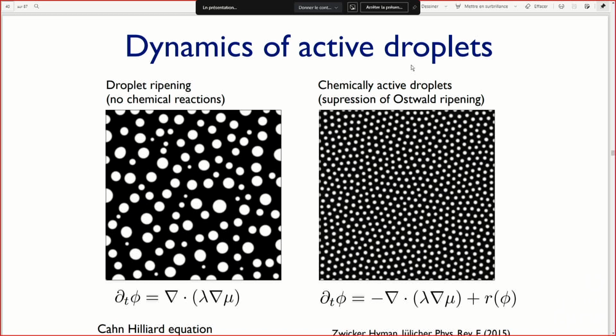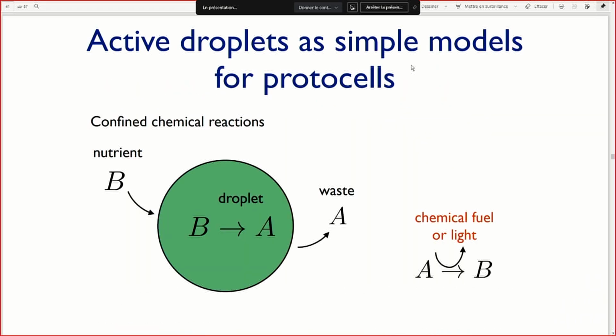And the right one is with an added reaction term that has a broken detailed balance because of an extra delta mu from a fuel. And this gives an arrested ripening. So the droplets go to the same sizes, and it doesn't ripen anymore. We call this suppressed Ostwald ripening. And that's a very different behavior from normal droplet ripening.